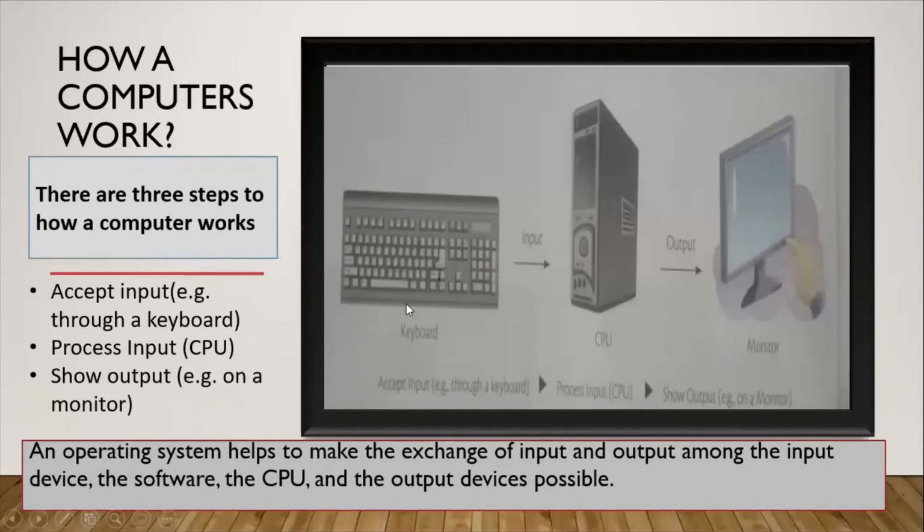With the help of a keyboard, we give input, tapping any text, and that input is processed in the CPU, and then it gives us output, for example on a monitor. When you type anything in MS Word, you write with the keyboard, that is the input. Then it goes directly to the CPU first for processing. Then they show the output on our monitor screen, showing what we have written.